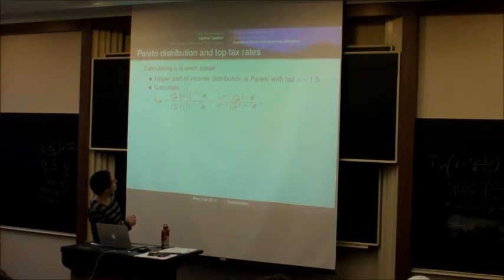Just factoring things out, we get I to the negative alpha from 1 million to infinity over I to the negative alpha minus 1, and that's just the most basic integral.